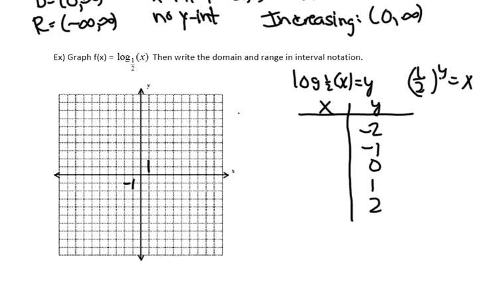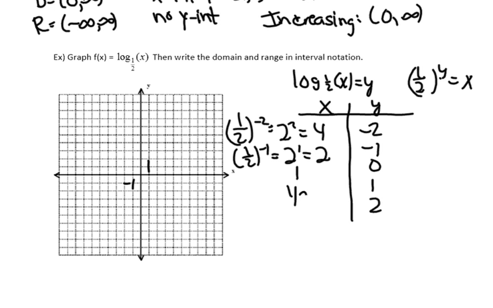So 1/2 to the negative second is the same thing as 2 squared, which is 4. 1/2 to the negative first is the same thing as 2 to the first, which is 2. 1/2 to the 0 is 1. 1/2 to the first is 1/2, and 1/2 squared, which is 1/2 times 1/2, is 1/4. All right, so let's plot these.